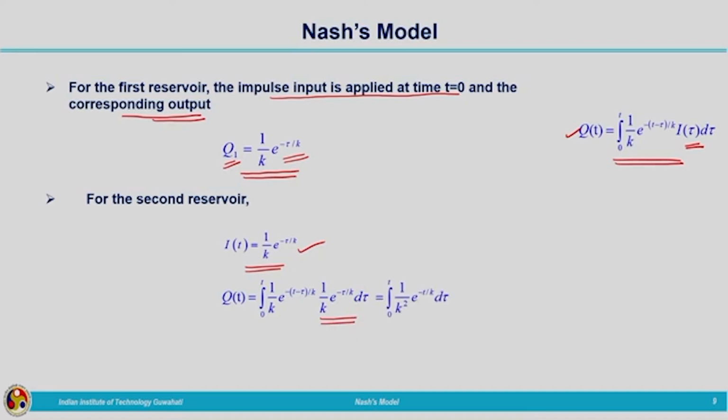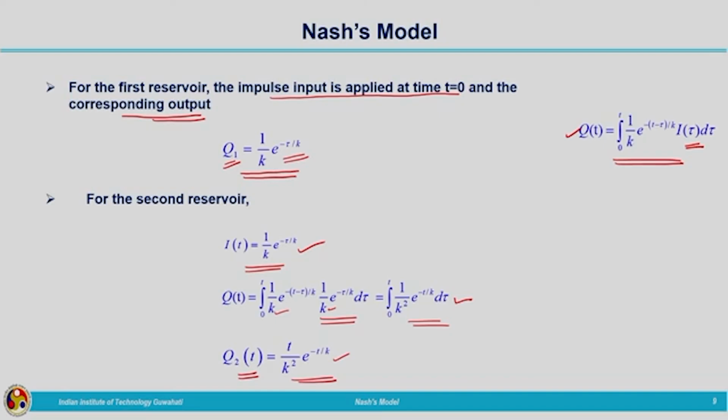This can be simplified as the integral from 0 to t of 1 by k square e raised to minus t by k d tau. So we can write with the notation 2, that is the output from the second reservoir q2(t) will be t by k square e to the power of minus t by k. When you integrate, you will get this expression.